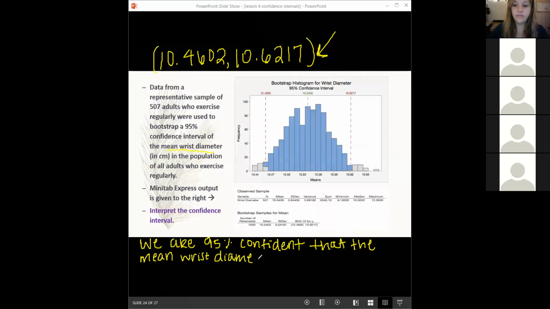diameter in the population, wow, I can't talk and write at the same time. In the population of, and then we want to find what was our population that we took it from.